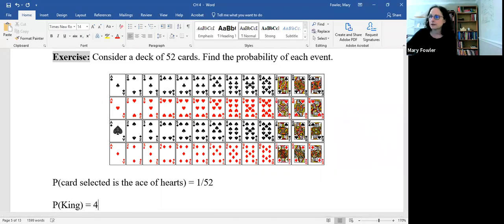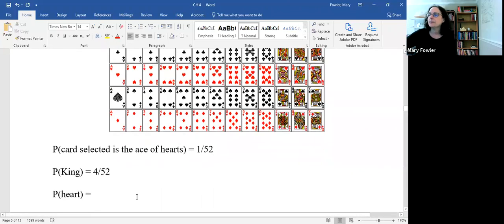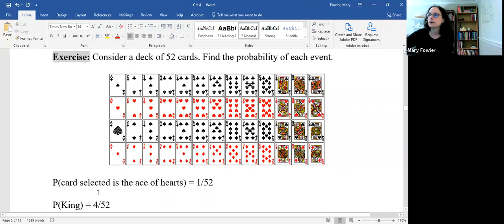There are 4 kings, so 4 over 52. And the probability of getting a heart is going to be the total number of hearts in the deck. There are 13 ways to get a heart, and a total of 52 in the deck.